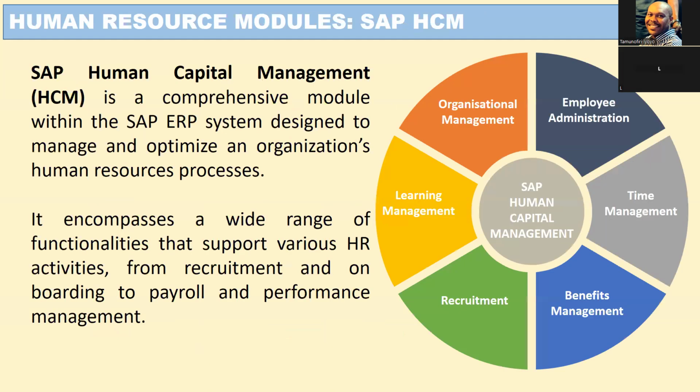You can also do that with the PM module. So finally, we will be talking about the human resource module, which is the SAP HCM. It's the human capital management. It's a comprehensive module within the SAP ERP system designed to manage and optimize an organization's human resources process.